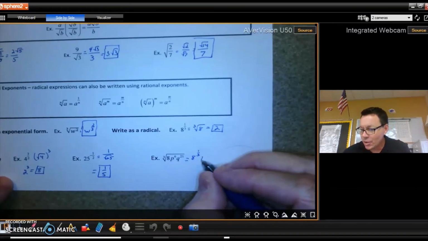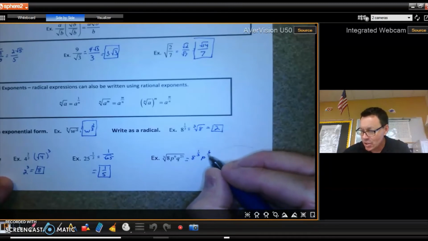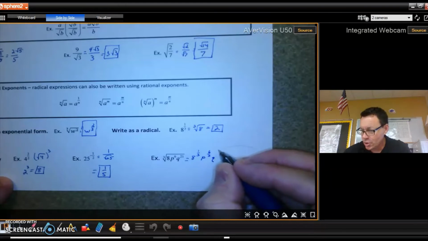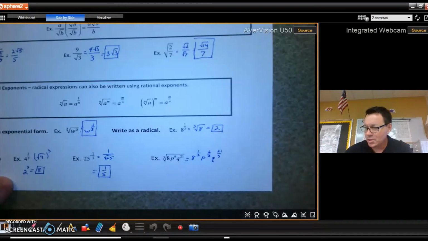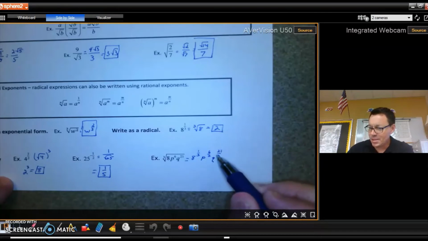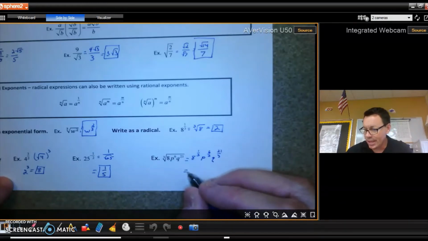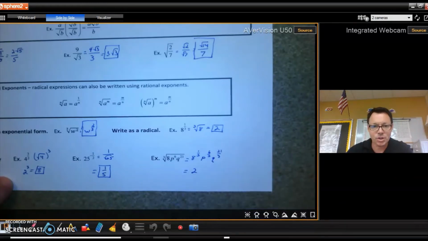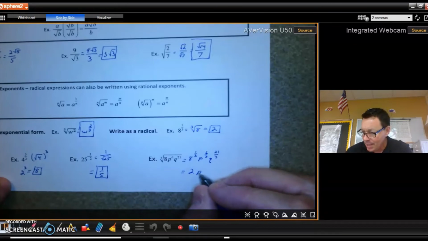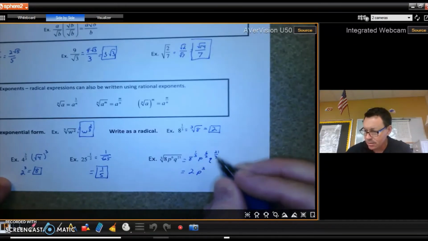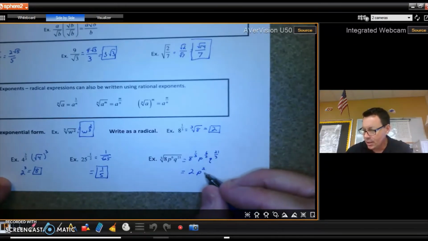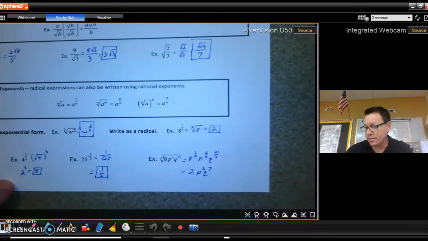But it's also p to the 6/3 power and q to the 21st thirds power. So both of these can be simplified. Okay, 3 goes into 6 and 3 goes into 21. So this whole thing can be simplified as 2, because that's the cube root of 8, and then p to the 2nd, 6 divided by 3, and then q to the 7th.